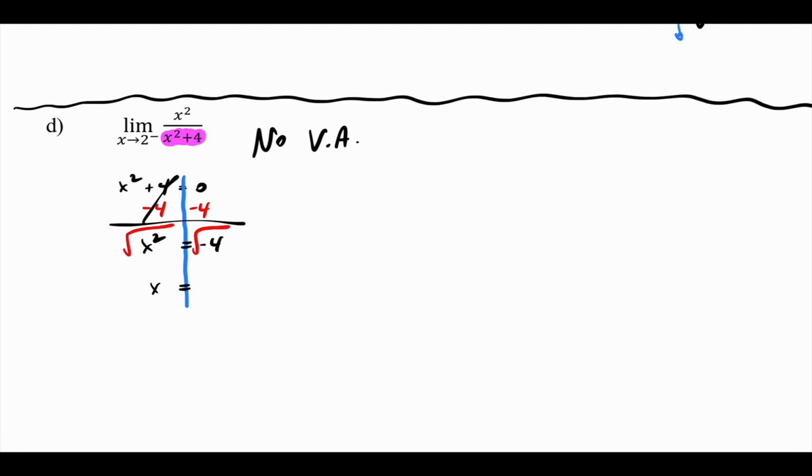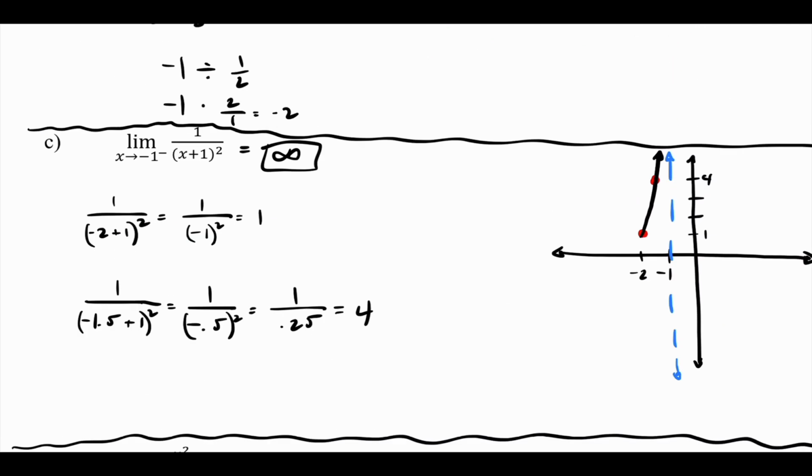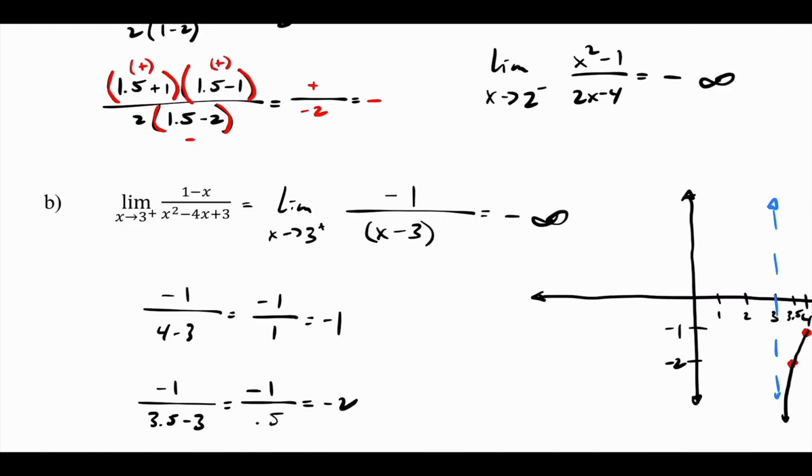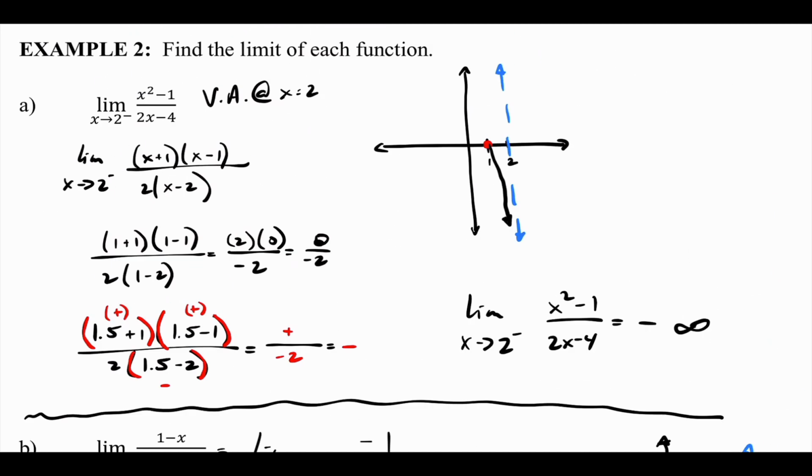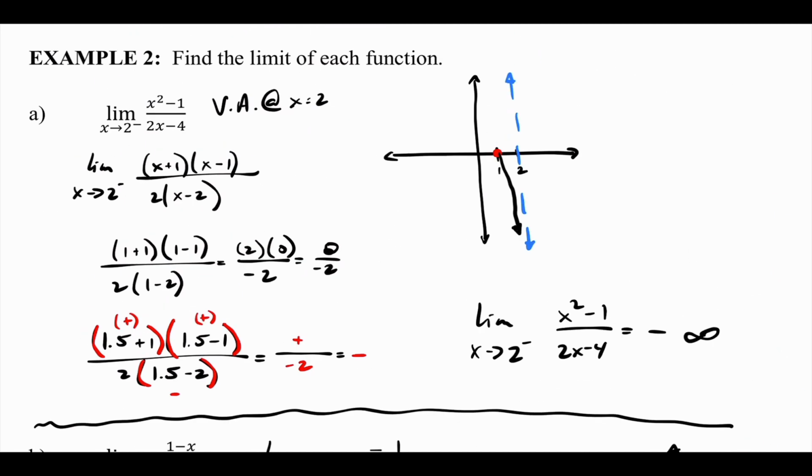Okay. So if it doesn't have a vertical asymptote, then what do I do? Remember these guys: I couldn't plug in -1 to the C. I couldn't plug in 3 to B. I couldn't plug in 2 to A. Why not?